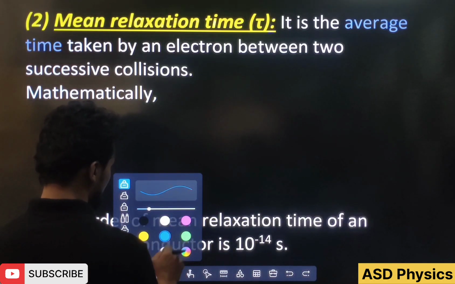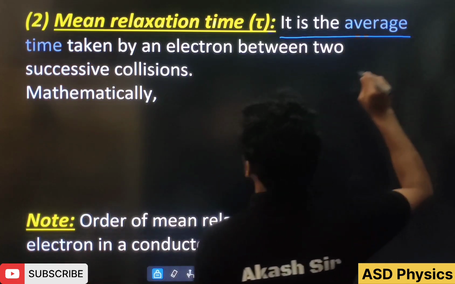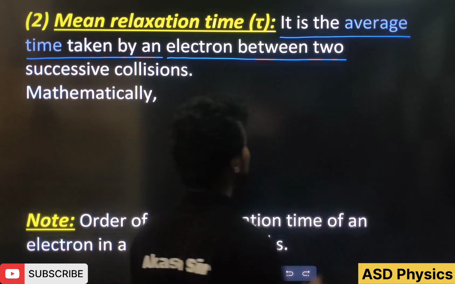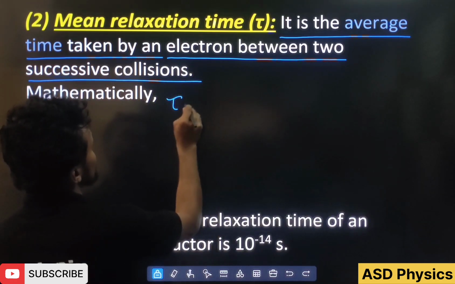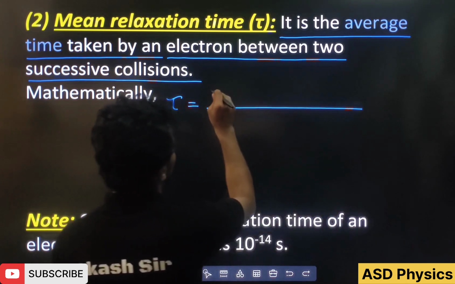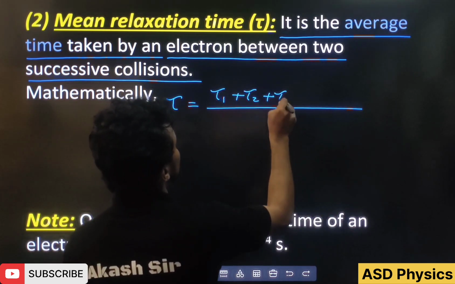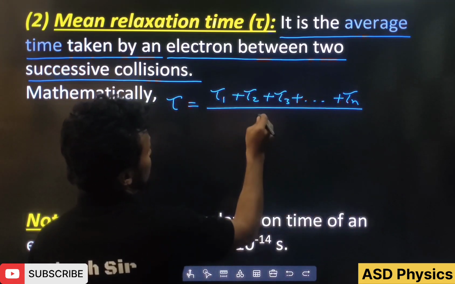The next one we are going to see is mean relaxation time. As I have told you, it is the average time taken by an electron between two successive collisions. So if I write here, this tau average is given by tau 1, relaxation time after first collision, relaxation time after second collision, relaxation time after third collision, plus tau n after nth collision, by n.